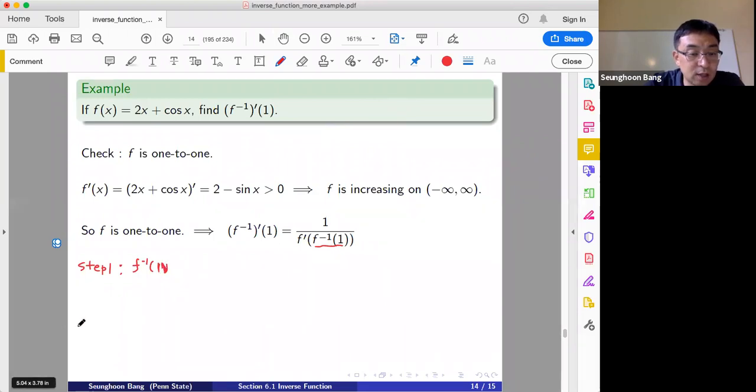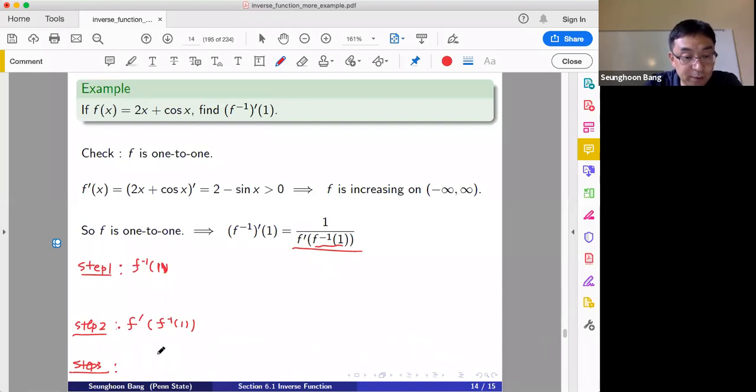Step 2: the denominator, f prime of the inverse of f of 1. Step 3: just the reciprocal, 1 over f prime of the inverse of f of 1.